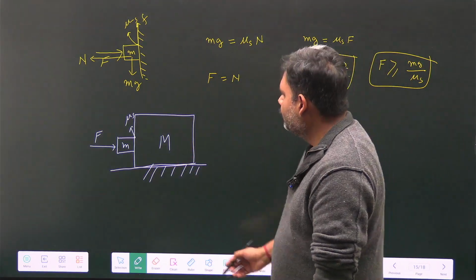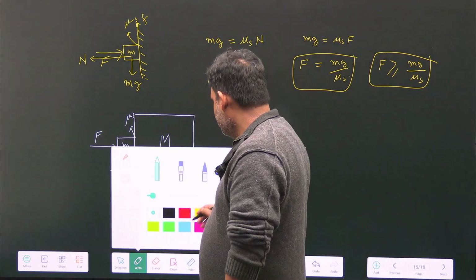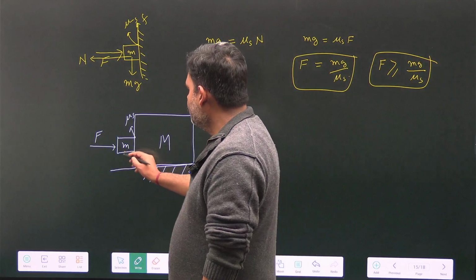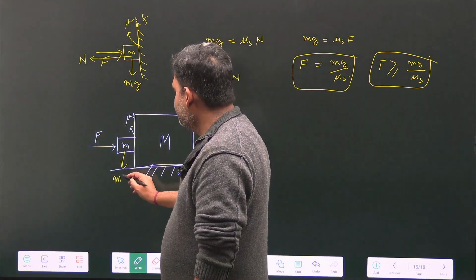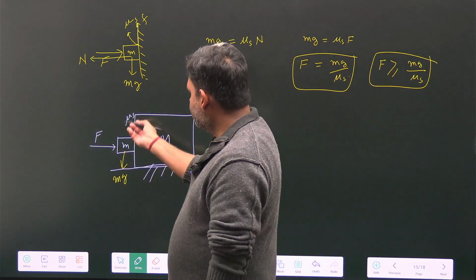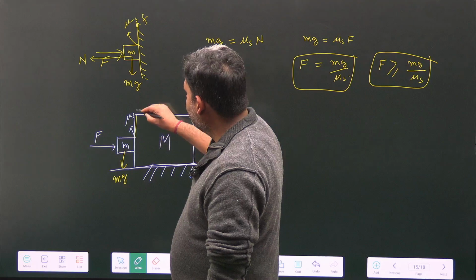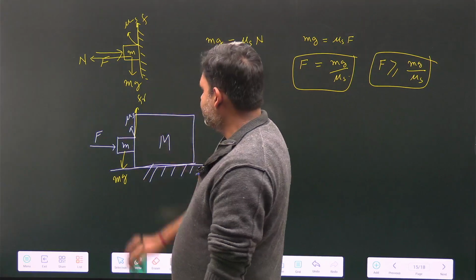Then obviously, what will be the direction of friction? So we can just make a free body diagram for it. This will obviously be mg. Okay, if this friction is not there, it is bound to go downward. So obviously frictional force will be in this direction.